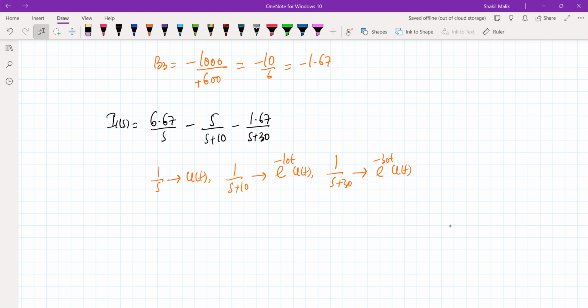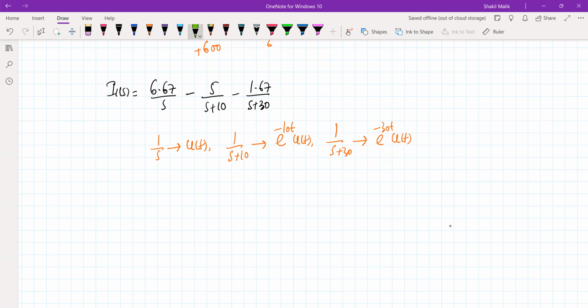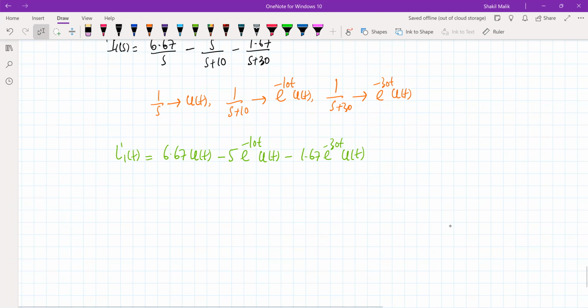So taking the inverse Laplace transform both sides, what we'll get? We'll get I1 of t will be equal to 6.67 U of t minus 5 e to the power of -10t U of t minus 1.67 e to the power of -30t U of t. Please check these calculations one more time.